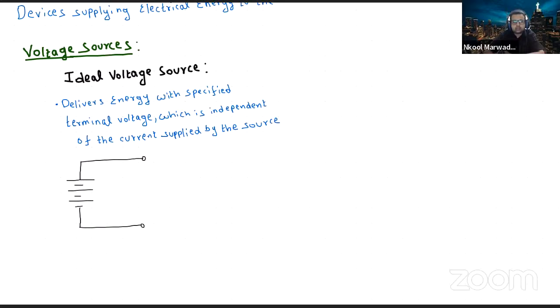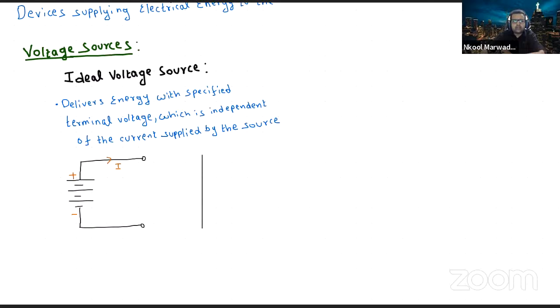This is the I. This is plus, this is minus. Now, what is the characteristic of ideal voltage source is that regardless of how much current you draw, regardless of that, the voltage will always remain constant.